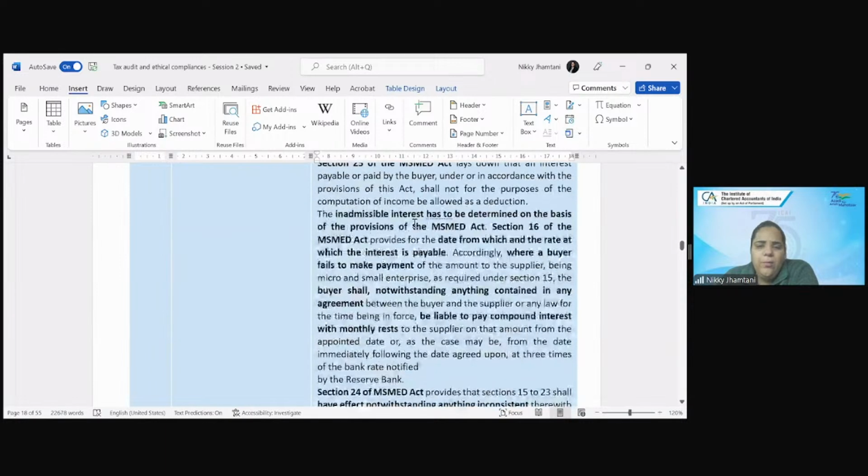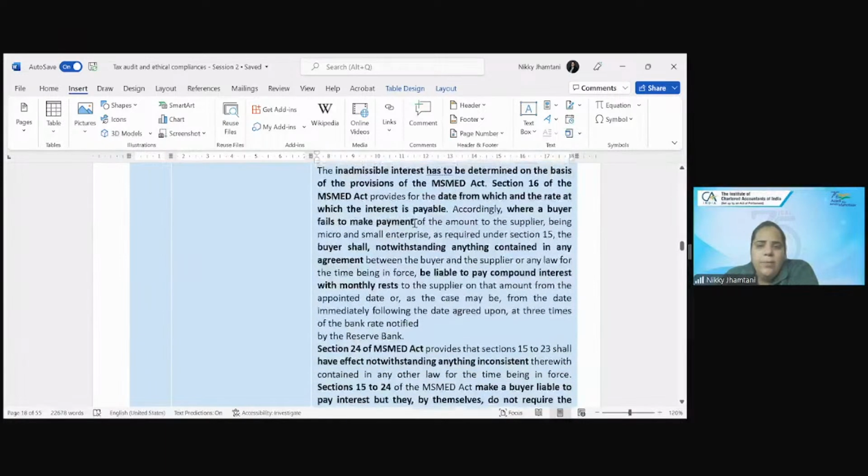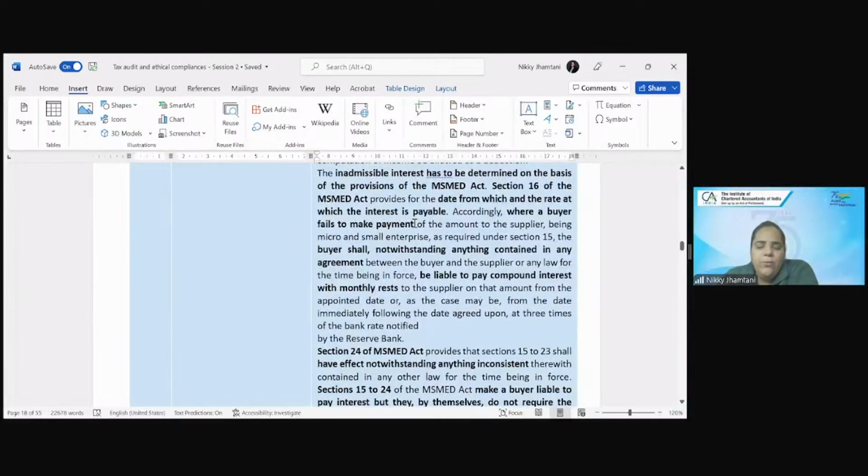Then, what is the reporting requirement? The inadmissible interest has to be determined on the basis of the provisions of the MSMED Act. Section 16 of the MSMED Act provides for the date from which and the rate at which the interest is payable.